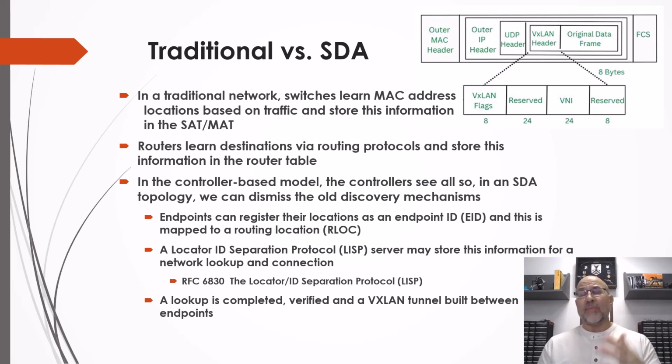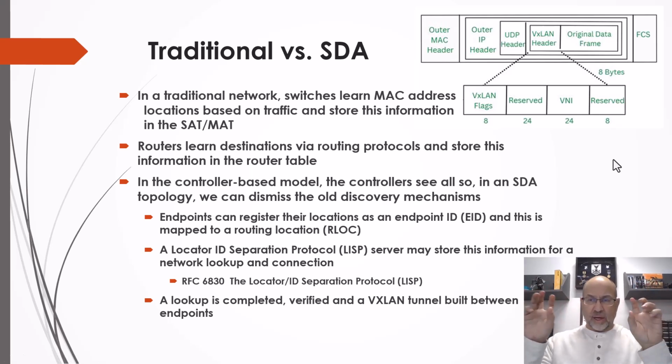And then we might be able to build a VXLAN tunnel to its destination. Now above me here you can see that there's this VXLAN header. So here's the original frame that we might have sent, and then there's this VXLAN header, and all of the stuff that's specific to VXLAN or getting this tunnel between the tunnel endpoint on one end and the tunnel endpoint on the other one.